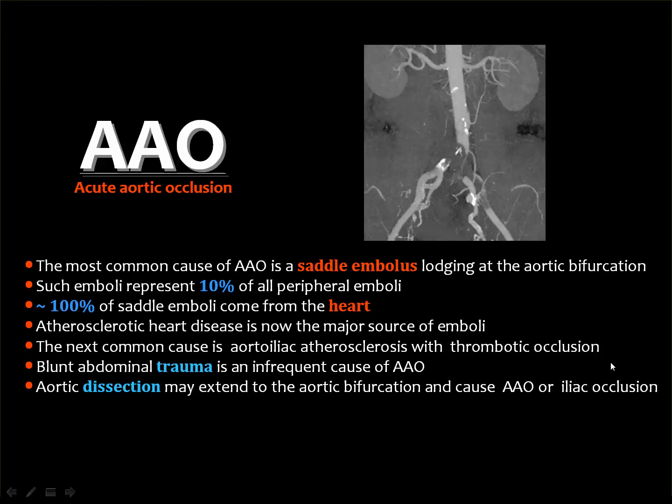The saddle emboli represent about 10% of the peripheral emboli, and they came originally from the heart. But some other causes may include arteriosclerosis, trauma, and or dissection when it reaches the level of the aortic bifurcation.